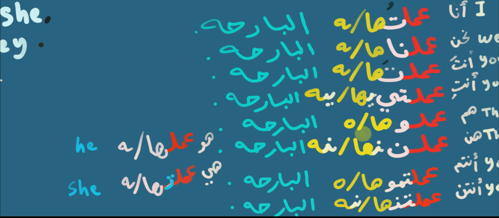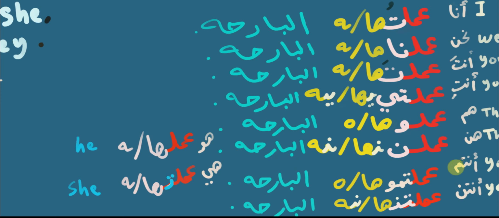As I said, if you mention the name, not the pronoun, you keep this N, just like you kept this E here. If you don't mention, if you use the pronoun to refer to that thing, you attach it, and this N takes this shape, and you connect this Ha in this form. So عملنها, عملنه. عملنها البارحة or عملنه البارحة.